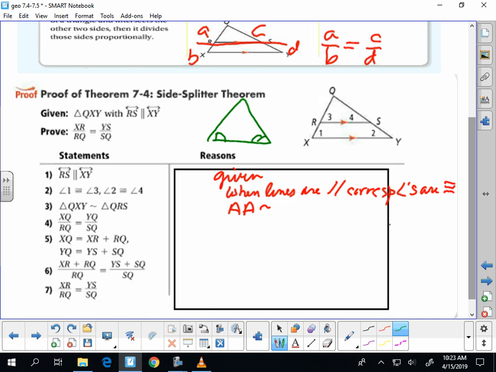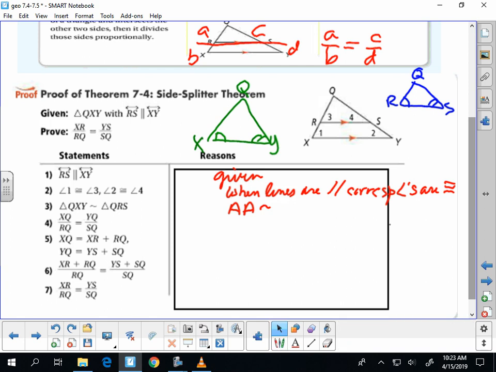I know this is QR in the big triangle. In the little triangle, I have QRS. So why can I say that QR, the left side of the big triangle, over, I wrote one of them wrong, sorry, QX.